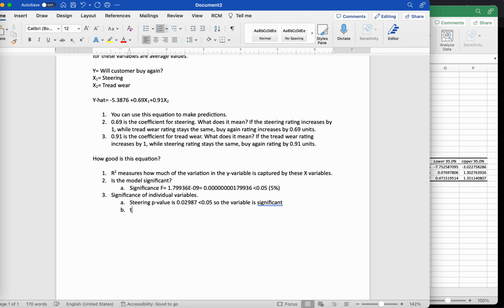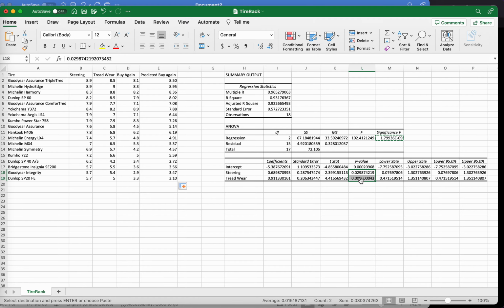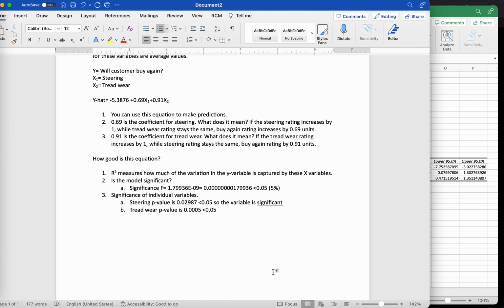For treadwear, the p-value, which is less than 0.05, right? It's 0.0005, yep, just less than 0.05. So this implies that the variable is significant. It's as simple as that.